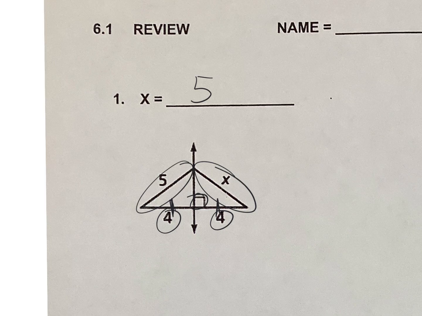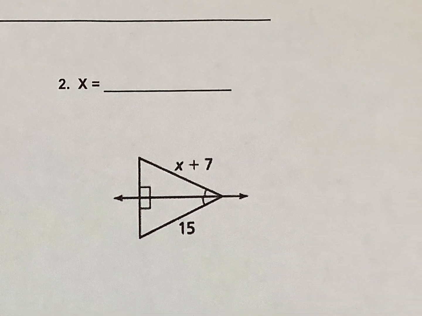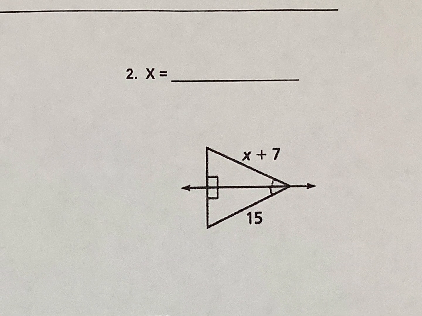All right, let's go to the next problem. All right, so here we have a perpendicular. It doesn't say that we have a perpendicular bisector, but we have an angle bisector. Now, if we have an angle bisector, we don't really know that these two are the same length.